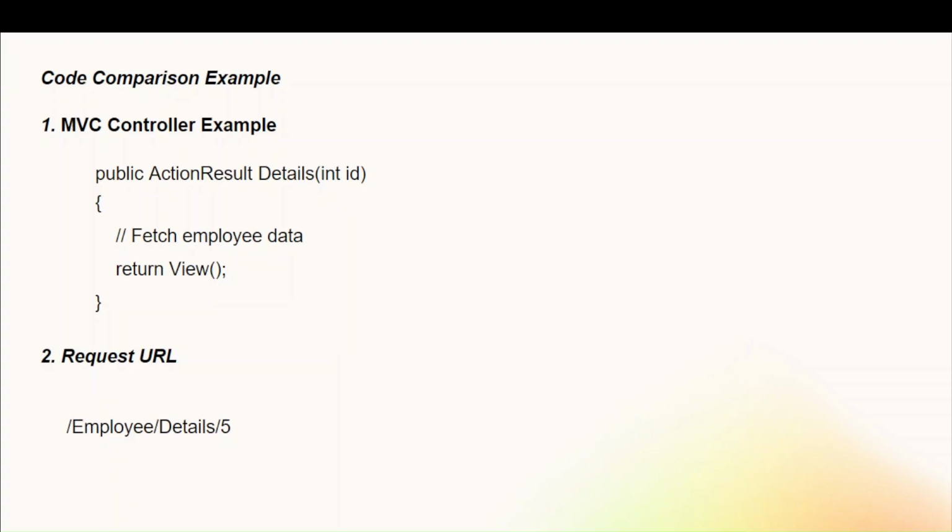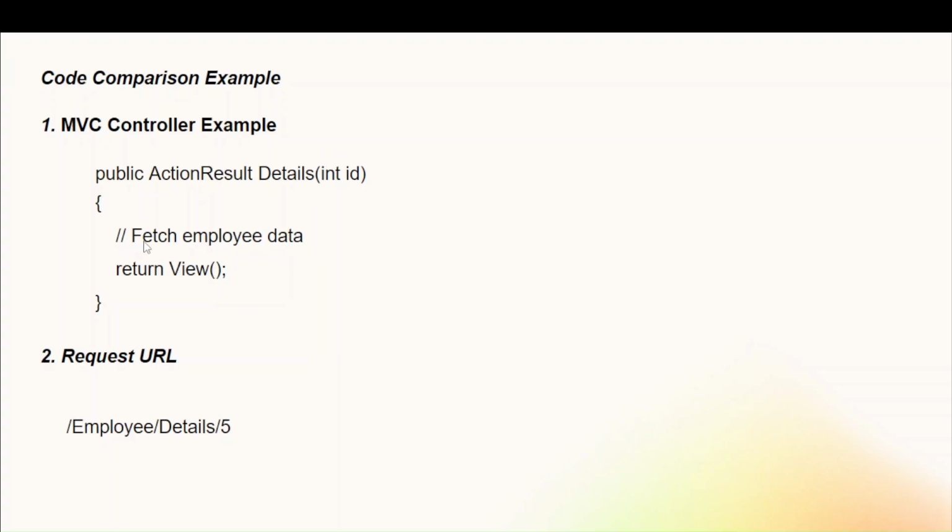We are now here to compare the code examples. In MVC, we can see here an example of the code. I have given one method over here. I am using public ActionResult, which gives me a view of the details page with this method. One parameter I'm passing is id, which is an int data type.